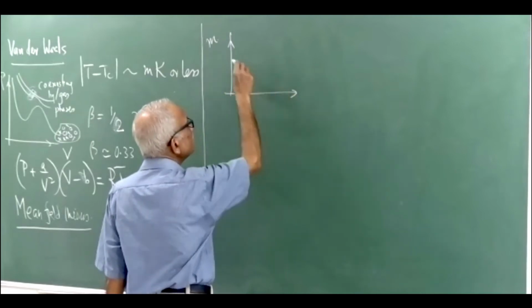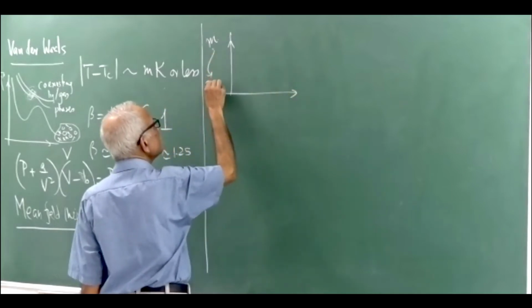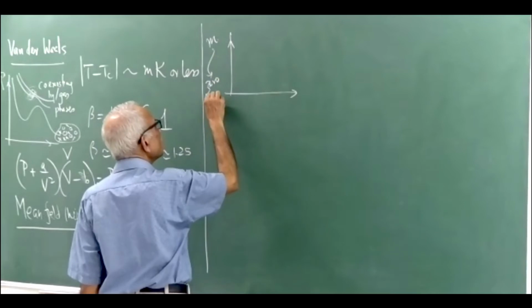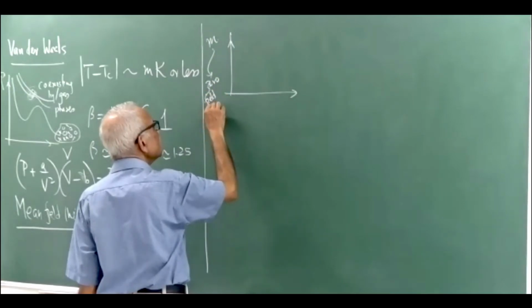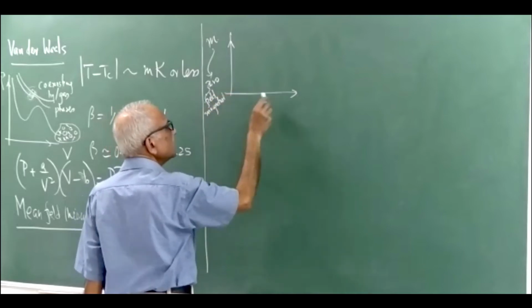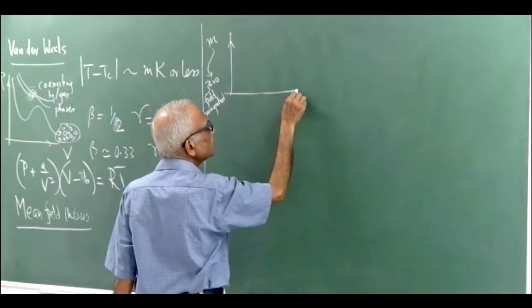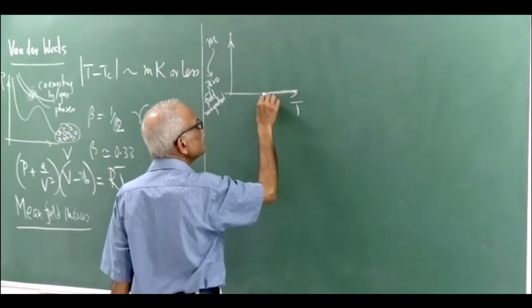So zero field magnetization is 0. So this M is essentially what is called the zero field magnetization. And that is 0. So this is temperature over here. High temperature, the zero field magnetization is 0.